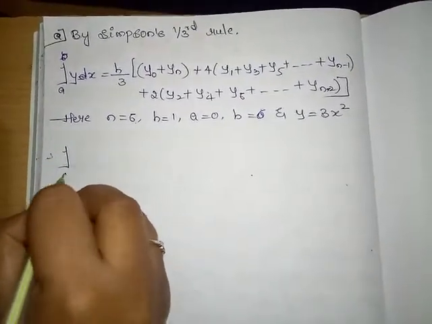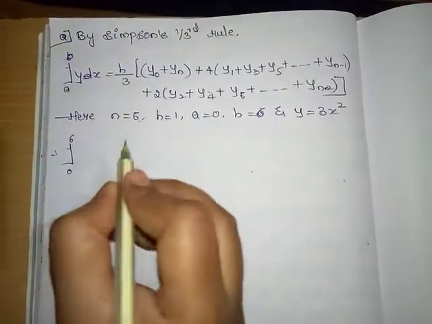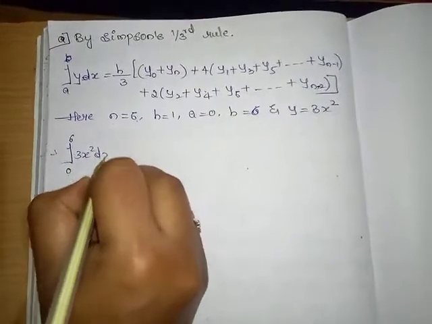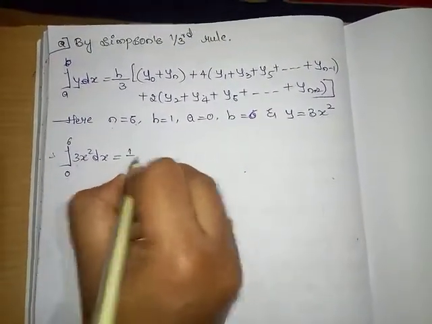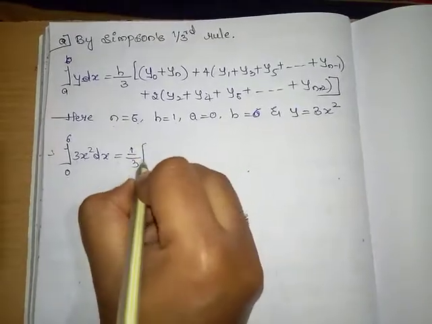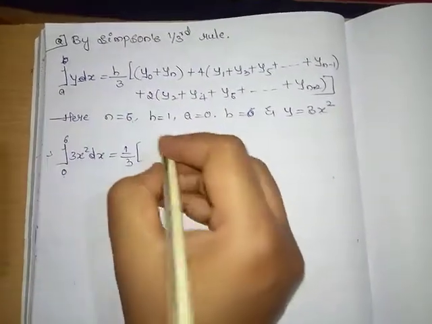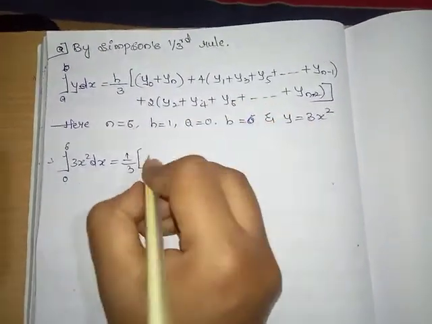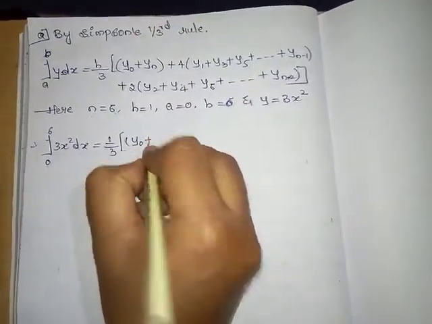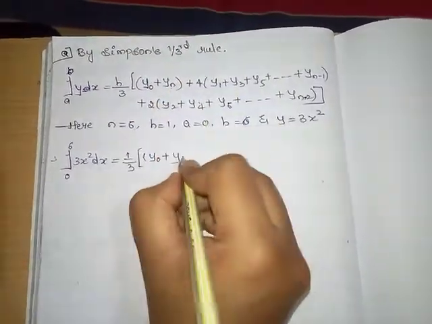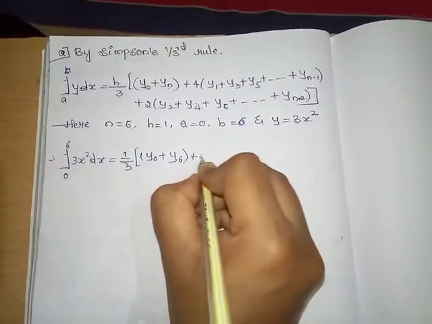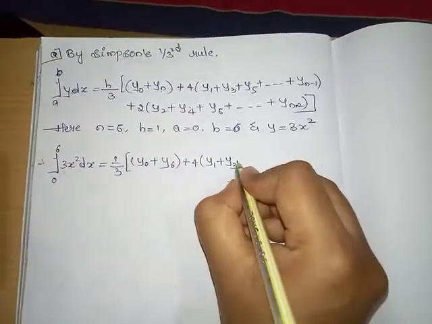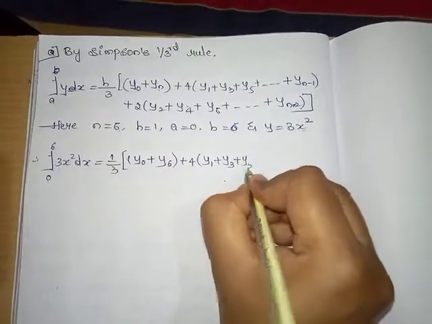Therefore, integration from a is 0, b is 6, y is 3x square dx is equal to h is 1 divided by 3. Then y0, first I will write the formula for this given example. Okay, y0 plus y6 plus 4 into y1 plus y3 plus y5.